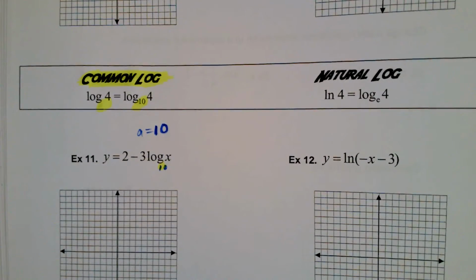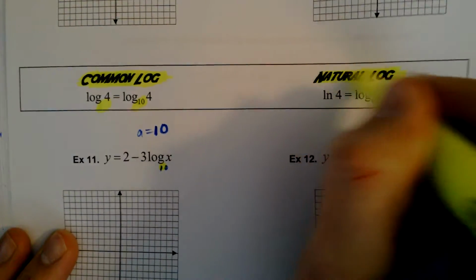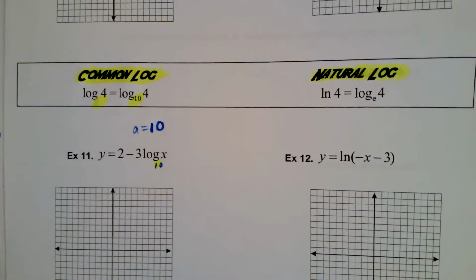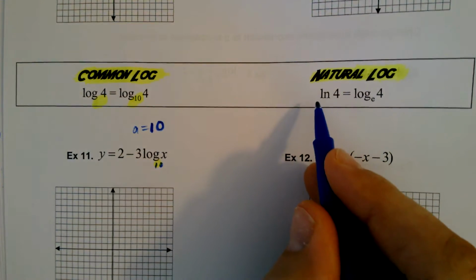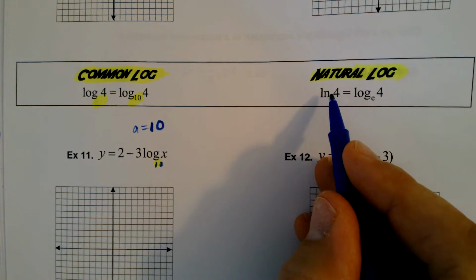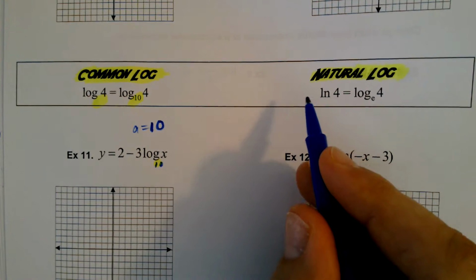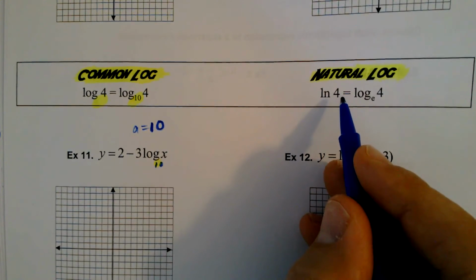Okay? And then the other one that's special is called a natural log. All right, natural logs are denoted as ln. Why it's not nl, I really don't know. Other than if you put the L here, it might look like 14 and might confuse people, so they do ln instead. So ln is the natural log of 4.